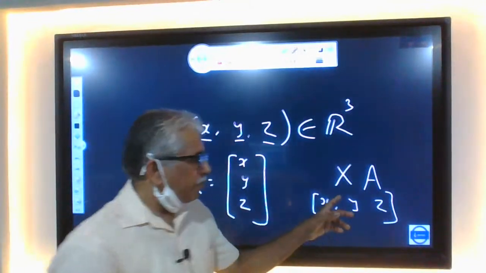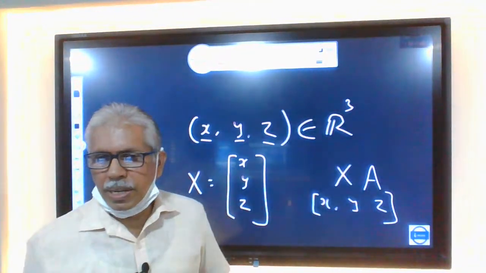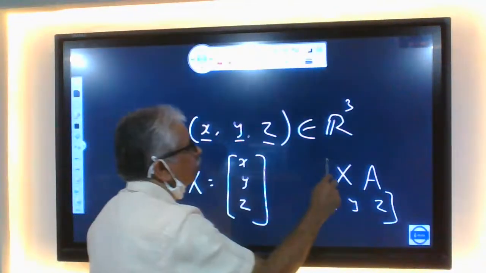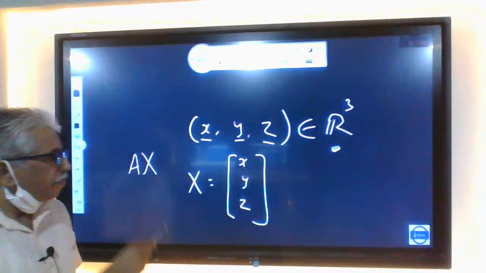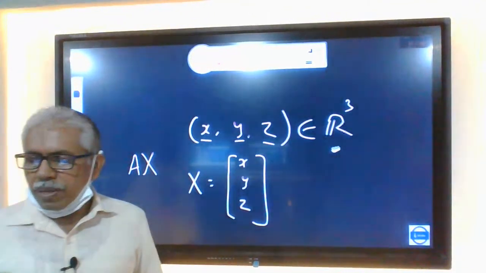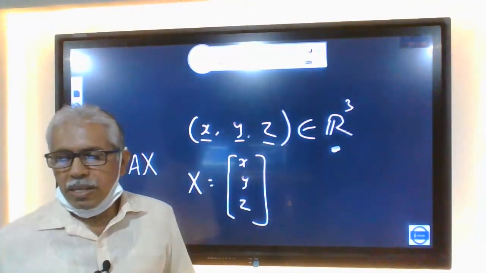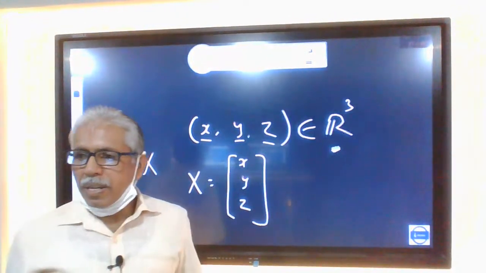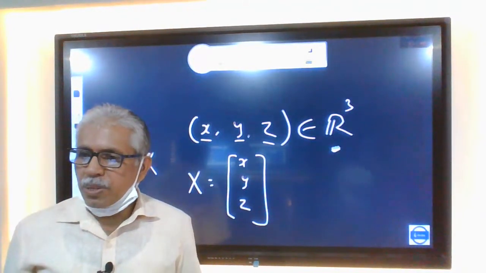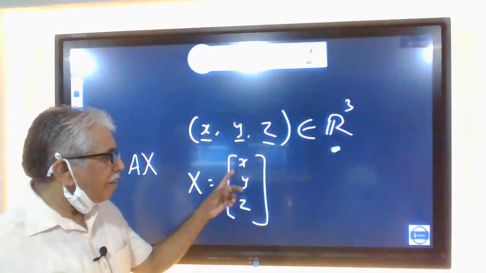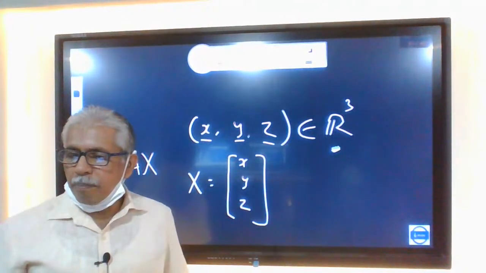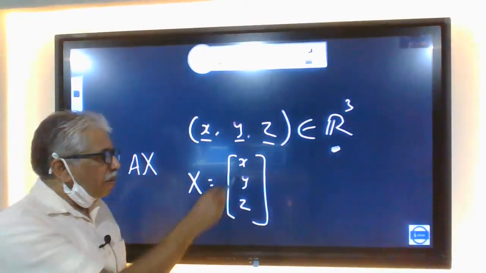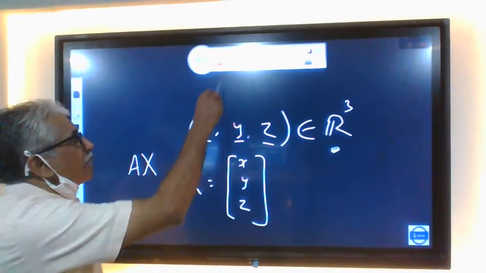But usually that is not a comfortable style of writing, so I will always be following AX. So X you always take as a column matrix. And because it is representing a point, and because you have the concept of position vectors to represent points, you can even call this column matrix a column vector. So we call X equal to XYZ a column vector.